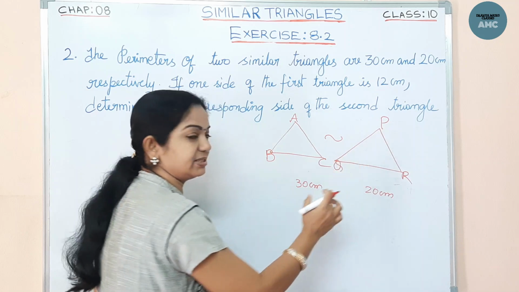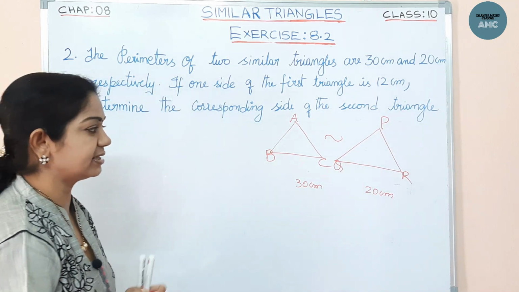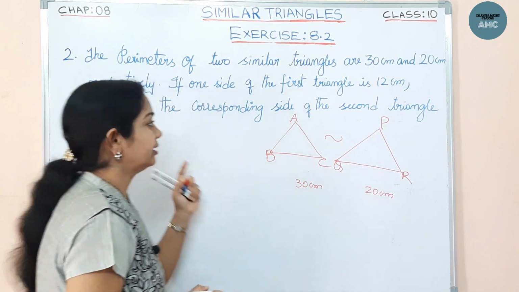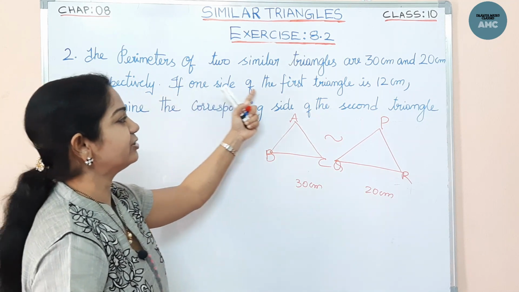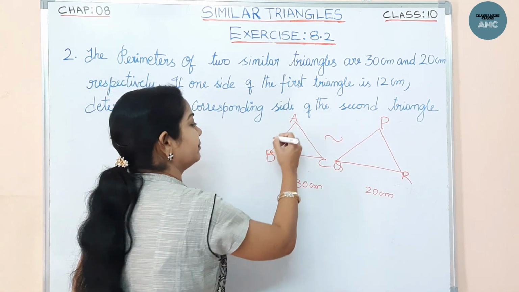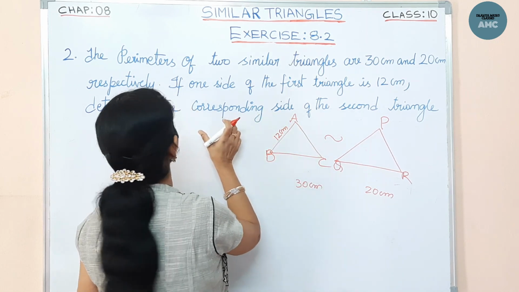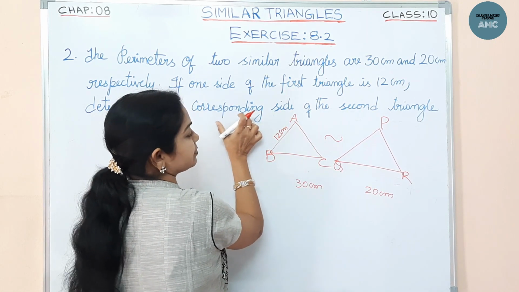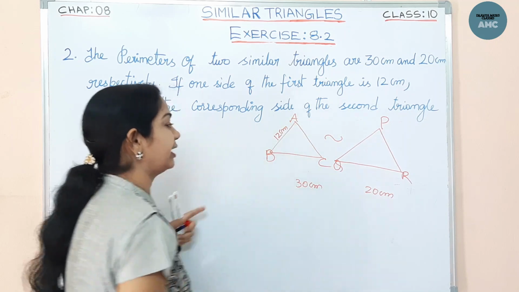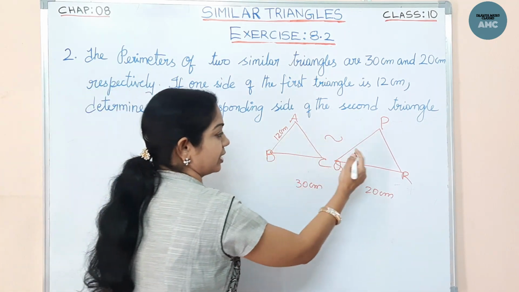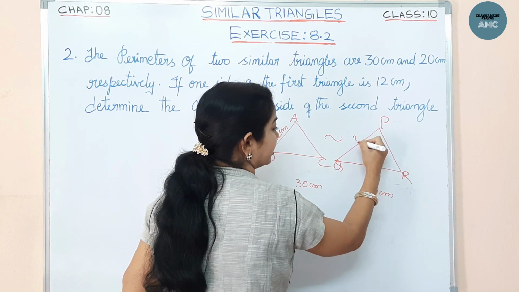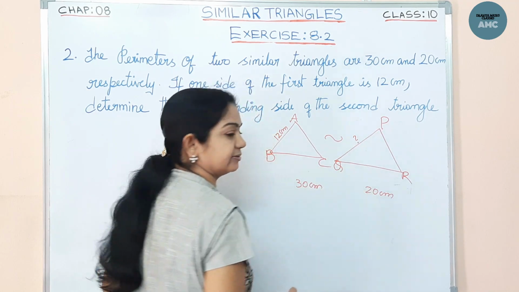That means the sums of all the sides are 30 and 20. If one side of the first triangle is 12, let me suppose this is 12, any one side, the question is the corresponding side in the next triangle. The PQ value I have to find.